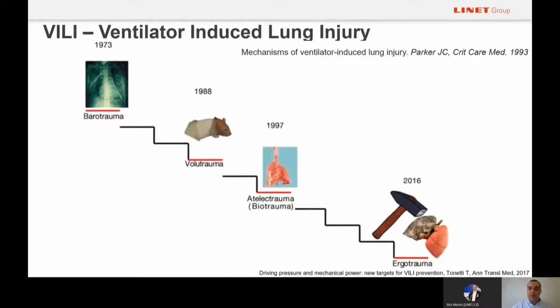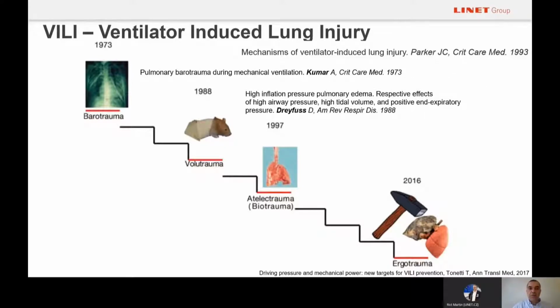This screen shows the history of ventilator-induced lung injury. The name was first described by Parker in 1993, but in 1973, Kumar described barotrauma as the first lung injury of mechanical ventilation. Then Dreyfus described volutrauma, overdistension, as a damage of the lung.